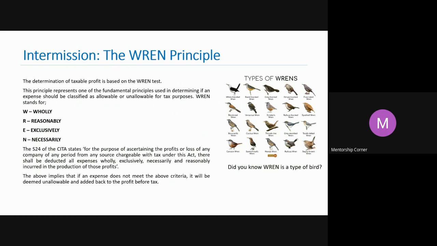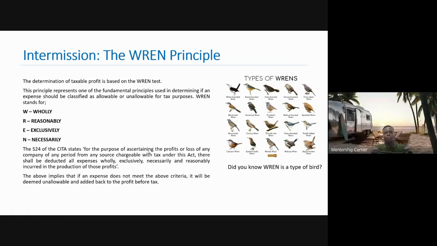So this principle represents one of the fundamental principles used in determining if an expense should be classified as allowable or non-allowable expense. Okay, so W stands for wholly, R stands for reasonably, E stands for exclusively, and N stands for necessarily incurred.